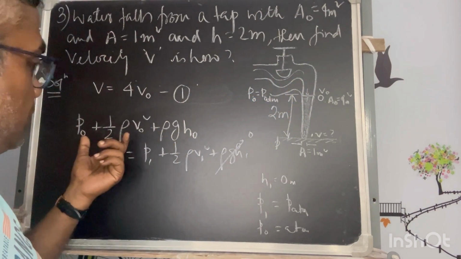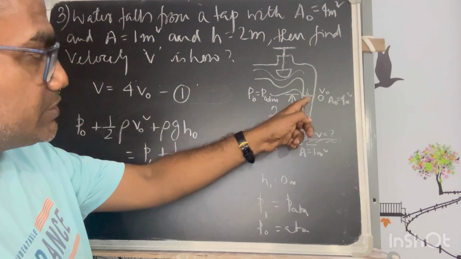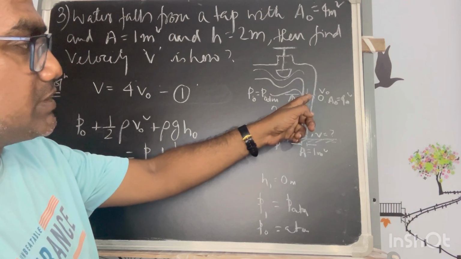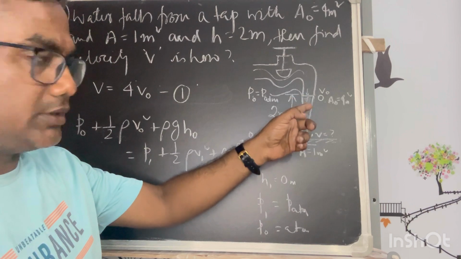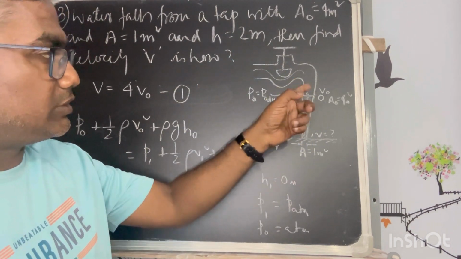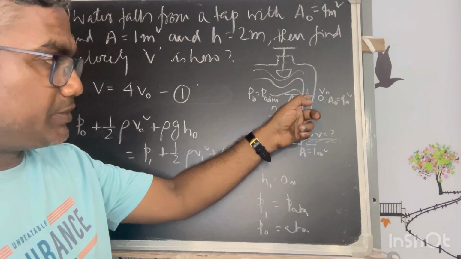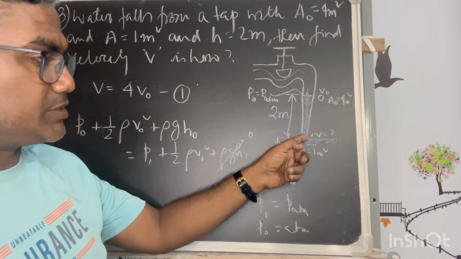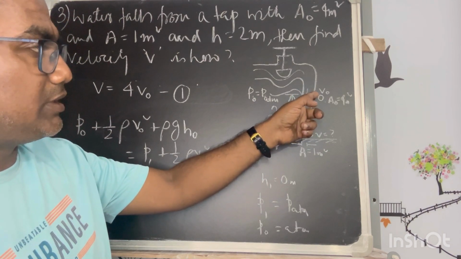Understand that? So here you have to understand, here pressure also equal to atmospheric pressure, because that is the pressure of the stream, against which it is working. So the pressure energy, the energy which is causing it to flow. So the pressure energy here is equal to the pressure energy of atmosphere. This is also pressure energy, but the energy that is being converted, that is the potential energy.